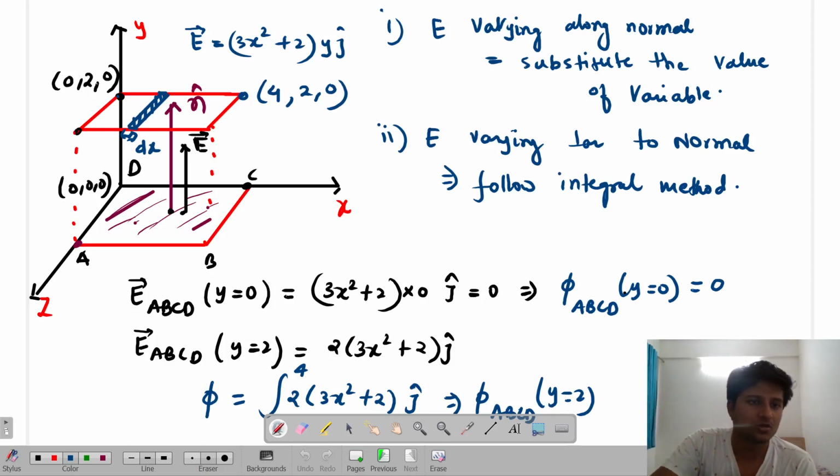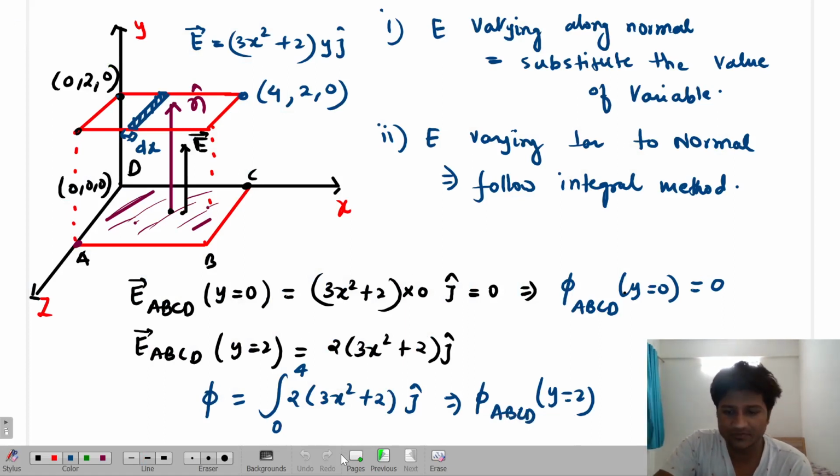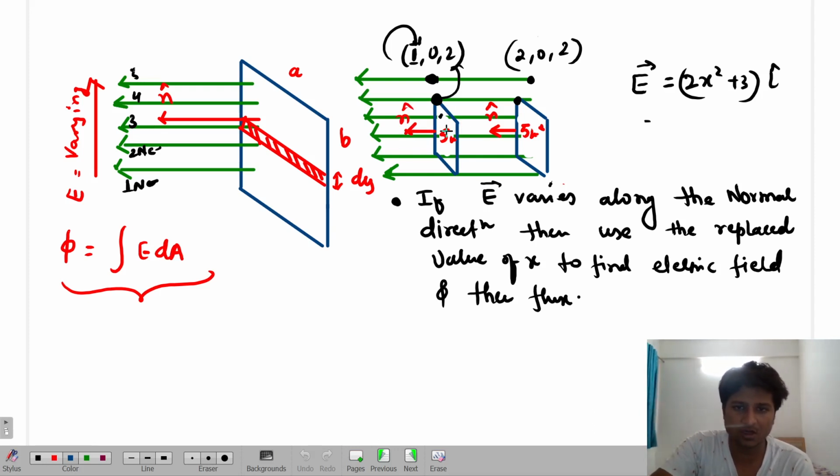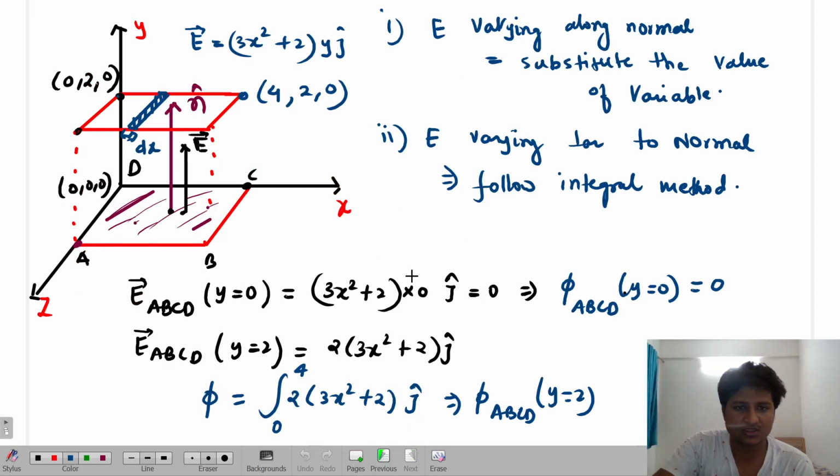Okay. So we completed till over here, isn't it? Like one of the most important cases we did. What happens when the electric field is varying in the direction of normal and perpendicular to the direction of normal, isn't it? So we have two different methods, two different kinds of integration for those processes.